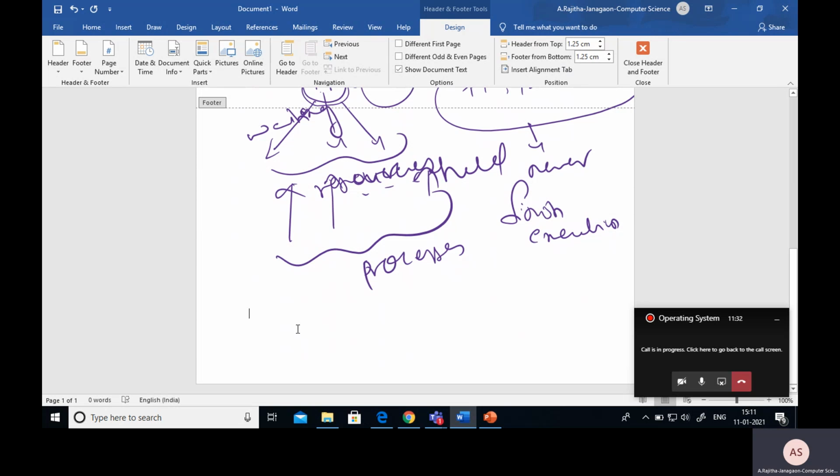Next concept is no preemption. So the third situation is called no preemption.